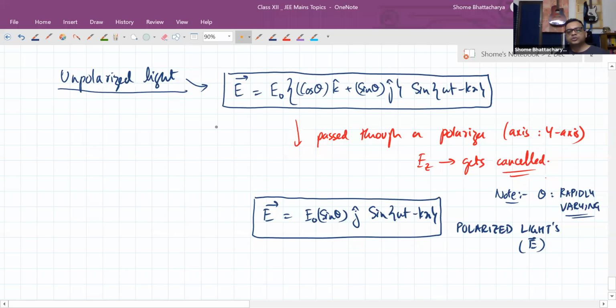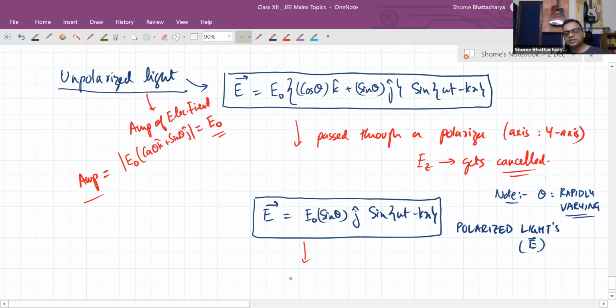The unpolarized light has an amplitude which is the mod of E naught cos theta k cap plus sin theta j cap. So the amplitude is nothing but E naught for the unpolarized light.